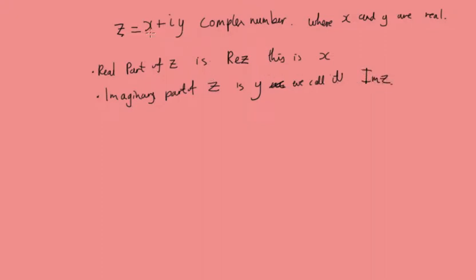So this is the real part and this is the imaginary part, even though we call this the imaginary part because it's associated with the value of i, but remember y is a real number.